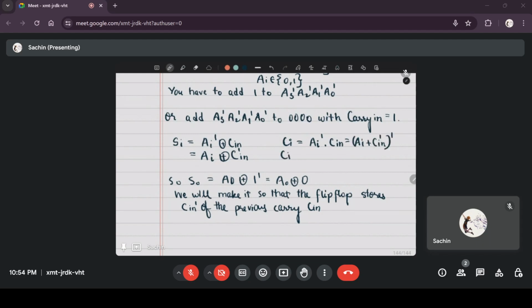So instead of writing it as Cin, I'll write it as the carry produced in stage i minus 1.